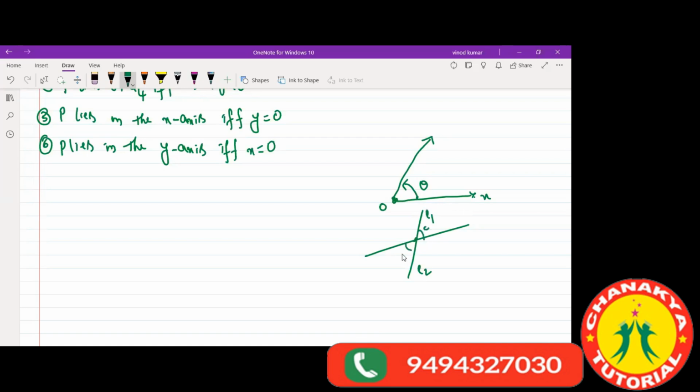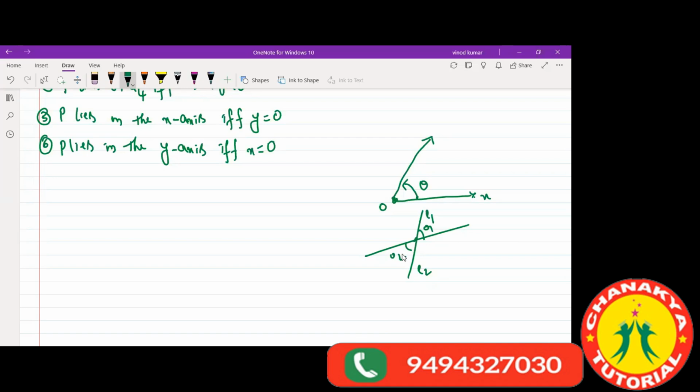Theta 1 and theta 2 are both made by a single point. A point can make two angles. Those two angles are made by a single point, so that point is a co-terminal point. A set of angles is said to be co-terminal if any two angles in the set are co-terminal.